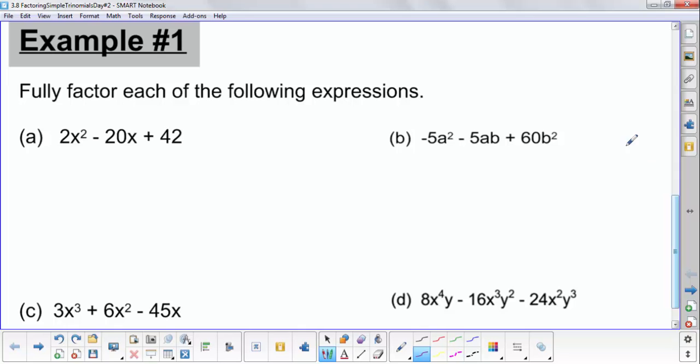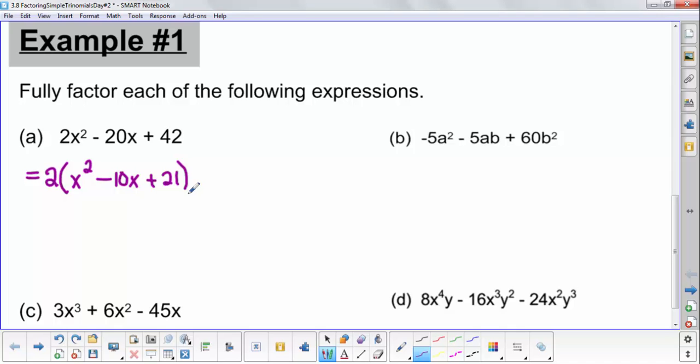In our first question here, 2x squared minus 20x plus 42. Remember what we talked about in class, how whenever you're given a factor question, you always need to ask, can I common factor? So let's take out a common factor of 2. If I divide the first term by 2, I'm left with x squared. The next term I'm left with negative 10x, and then finally a positive 21.